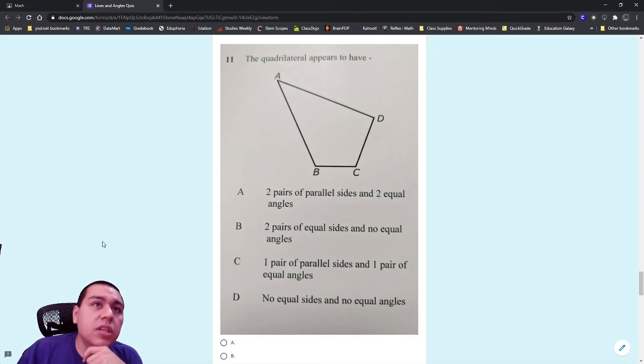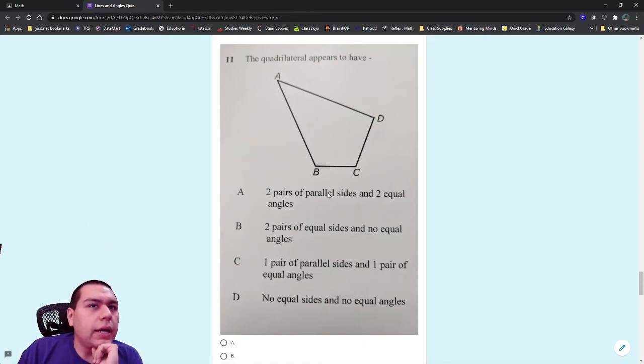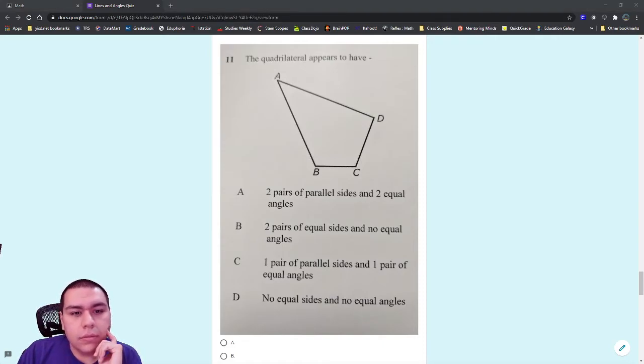No. None of these sides would be parallel, because if I stretch any of the sides out, they're going to knock into the other sides. So I can't pick answer choice A because the sides aren't parallel. No matter what sides I'm looking at, if I stretch them out, I'm not going to see a parallel side, because all of them will end up running into each other.